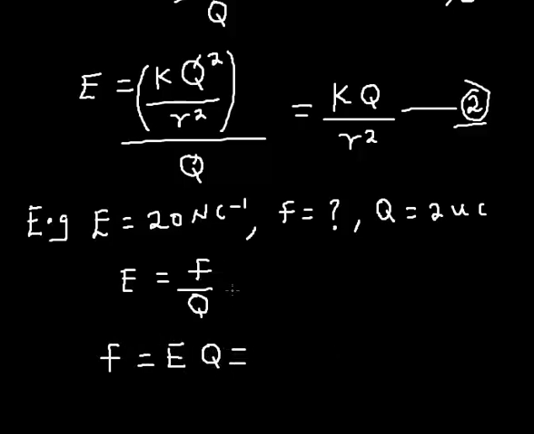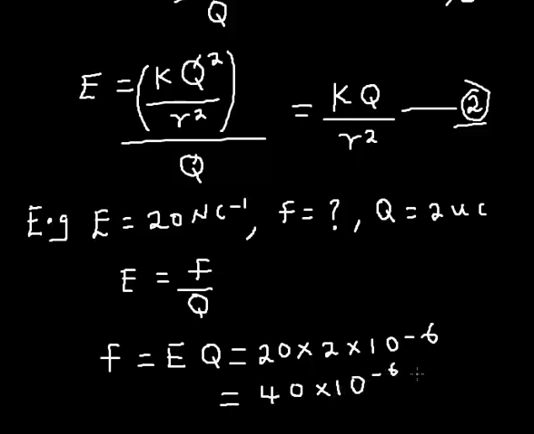That is 20 times 2 times 10 raised to the power minus 6, which gives 40 times 10 raised to the power of minus 6 Newton.